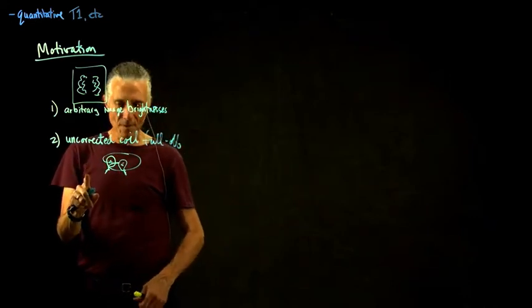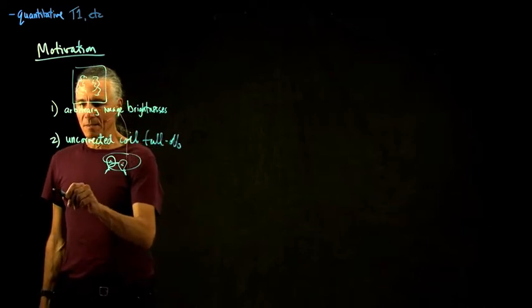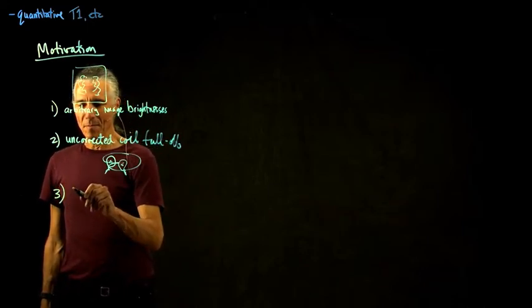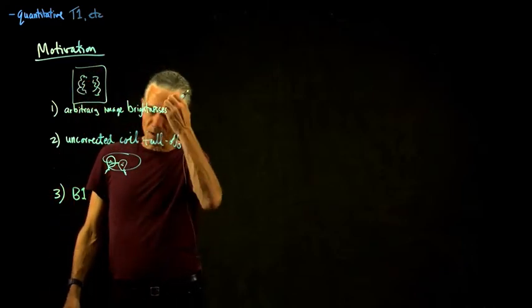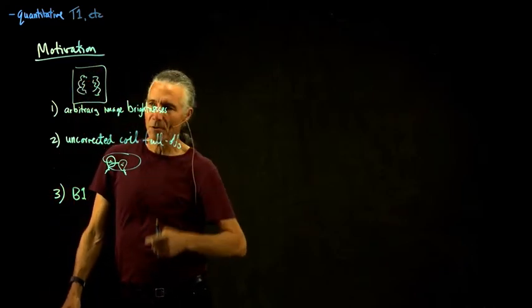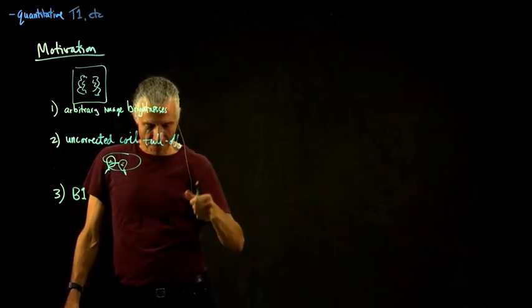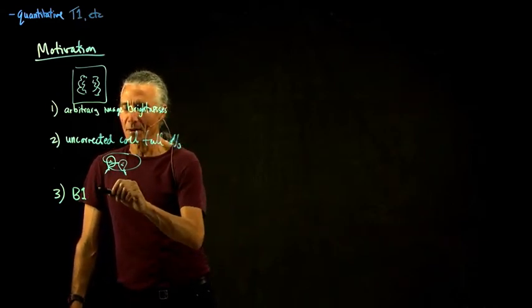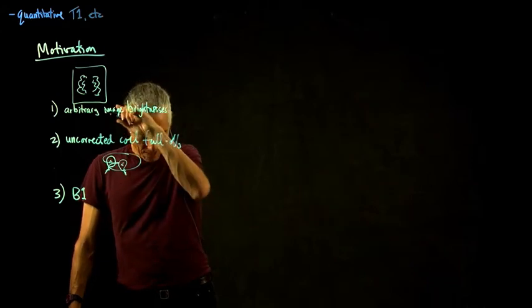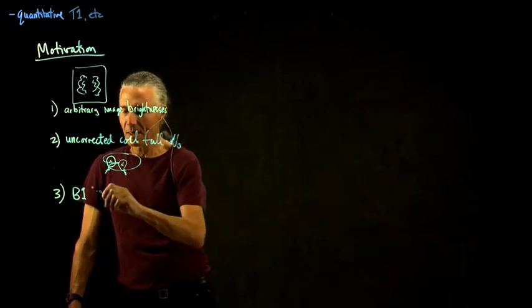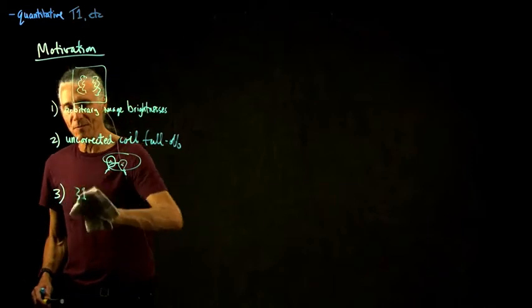So what about B1 problems? There's another problem, which is that the transmit and the receive field are uncorrected.